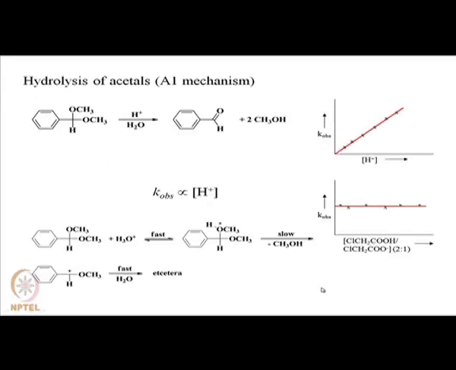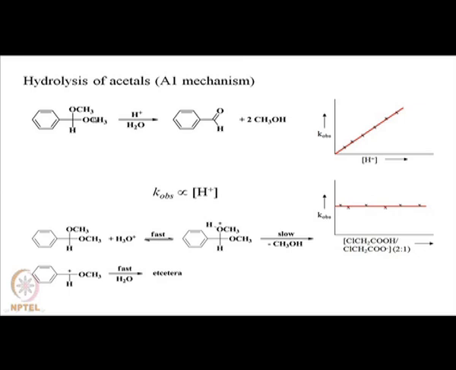Next, let us look into hydrolysis of acetals, unimolecular mechanism. This is the acetal, then in presence of H plus, of course aqueous acid, it gives rise to, I mean, it is not acetal of acetaldehyde, sorry, it is benzaldehyde.